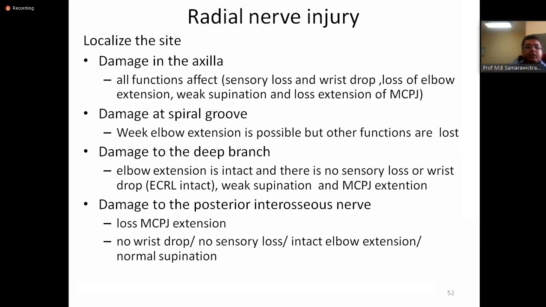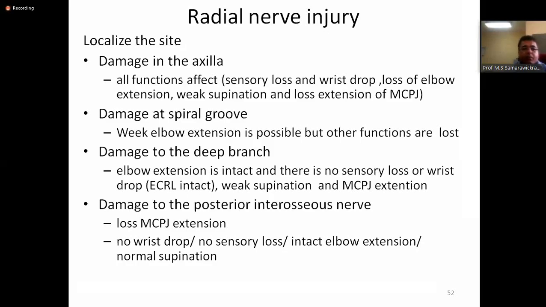Right. You can see there is only weak supination because the biceps is intact. Right. So damage at the spiral groove, weak elbow extension because long head of the triceps is supplied in the axilla, right, and the medial head as well.